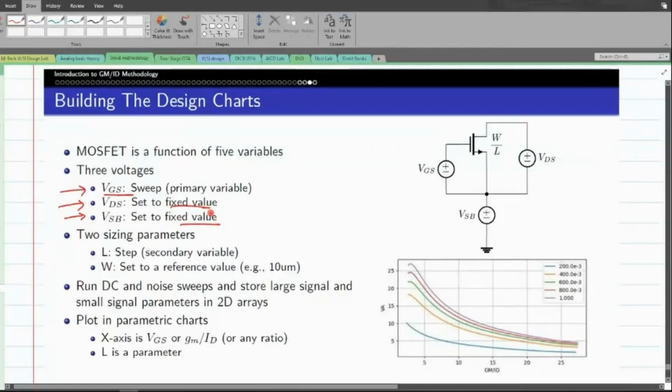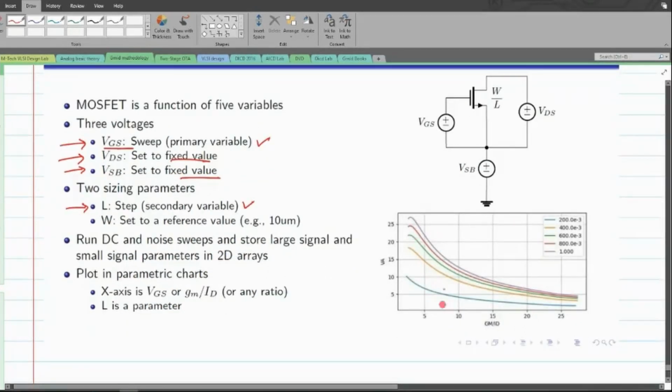That is how I can have two-dimensional charts, and we use the length as a secondary variable. So I just vary the VGS of my transistors along with the length, while the other variables are kept at a fixed value. And that in turn generates a graph which looks something like this.